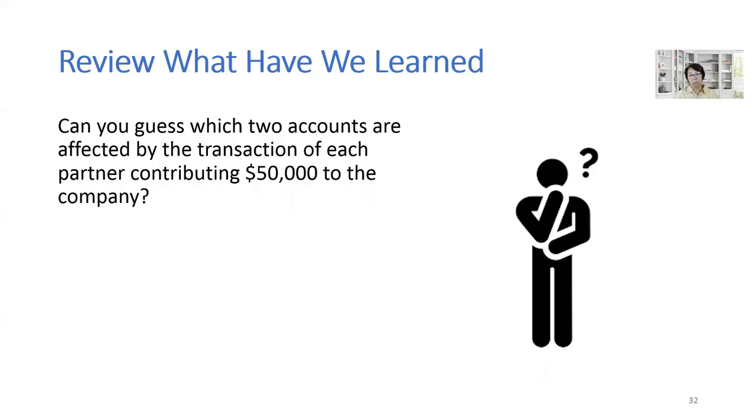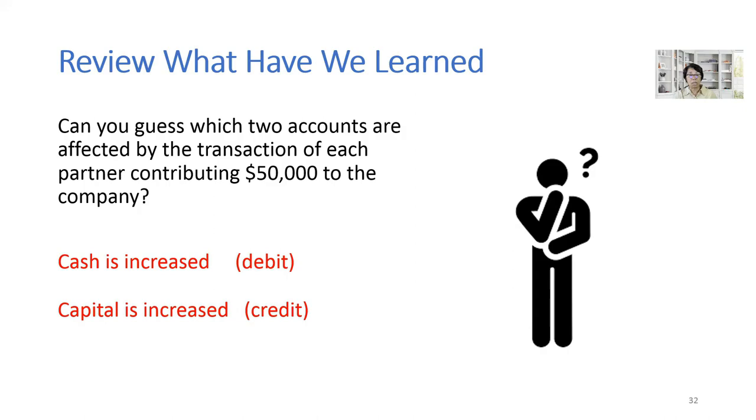So now how much is in your bank account? $100,000, right? So your bank account went up by $100,000. So what other account went up? Was it liabilities? No, liabilities means what you owe. So it has to be your equity went up by $100,000. Cash is increased, capital is increased.